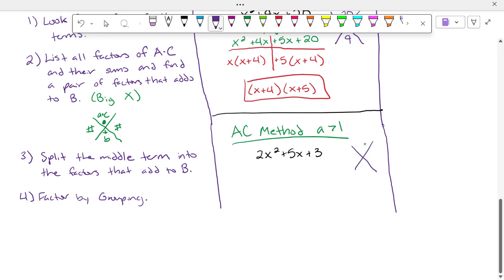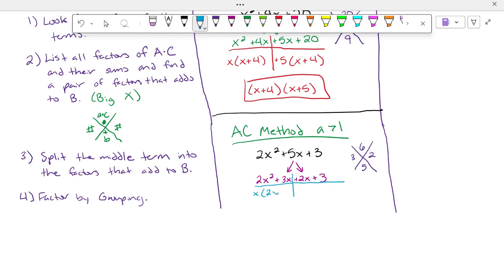So I have a times c, which is 6, and b is 5. So that'll be 3 and 2. This will be 2x squared plus 3x plus 2x plus 3. And factor by grouping.